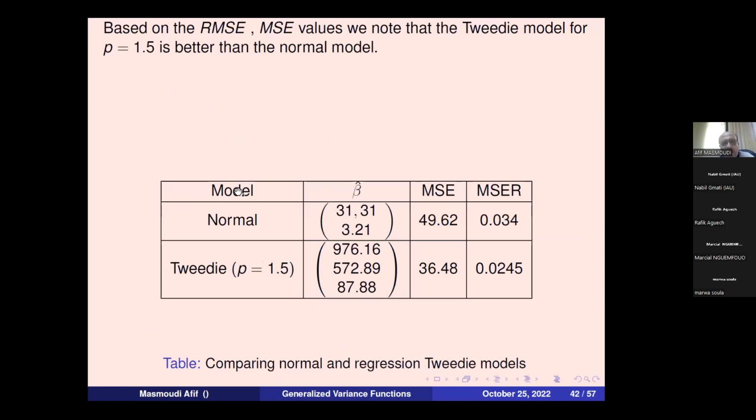So if we apply the normal model, we calculate the mean squared error. And if we apply the 3D model with p equal to 1.5, we obtain a mean squared error which is less than that obtained by the normal case. And here we extended this idea to a machine learning model.